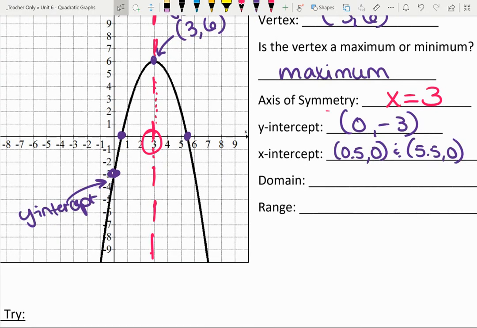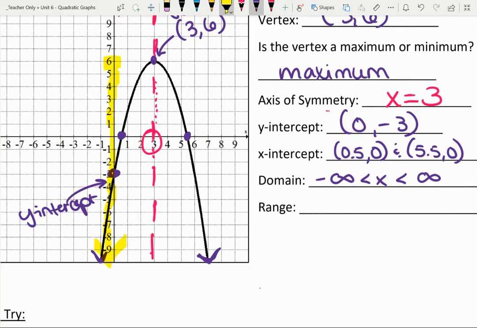Now, last but not least, the domain and range. So ideally, if I had remembered to put them here, there would be arrows at the end of all of these. So this parabola goes down forever, but it also goes to the left and to the right forever. So our domain in the x direction is from -infinity to +infinity. And then our range, so it has this highest point right up here at 6, and it's going to go down forever, but it's never going to go above 6.